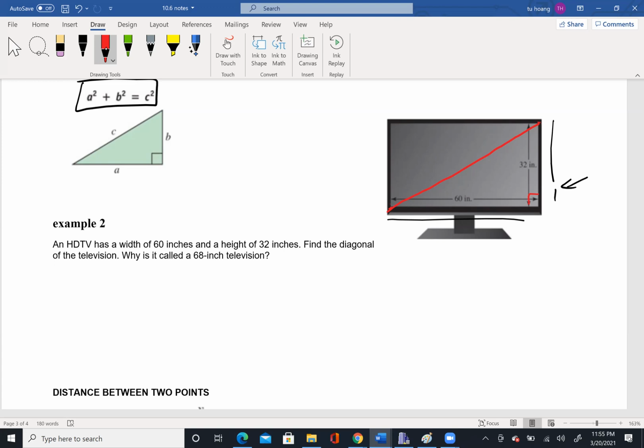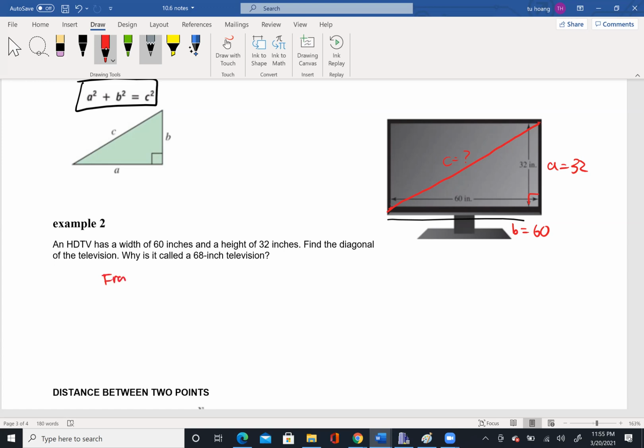One is 32 and one is 60 inches, but we are looking for the hypotenuse. So let's say A here is 32 and B equals 60, because A and B are the two legs.